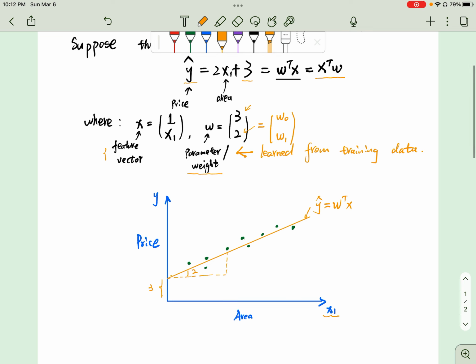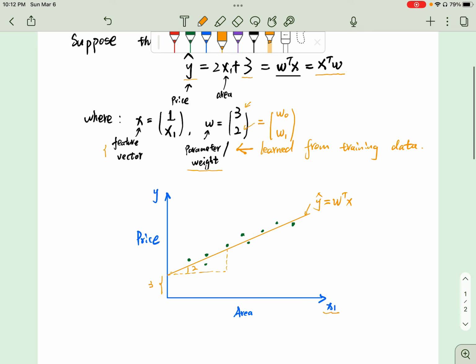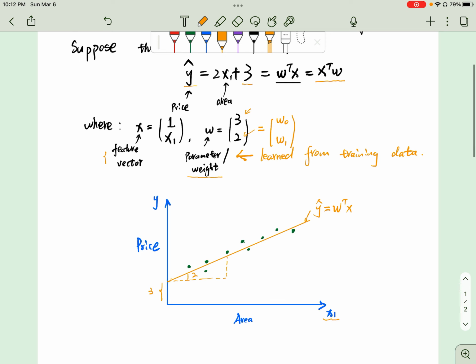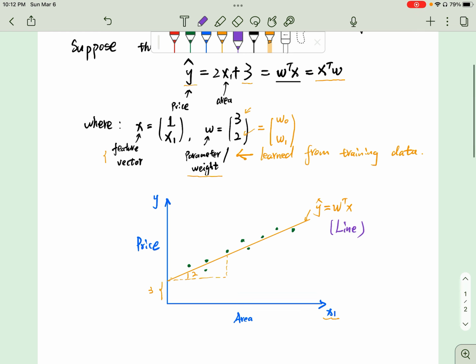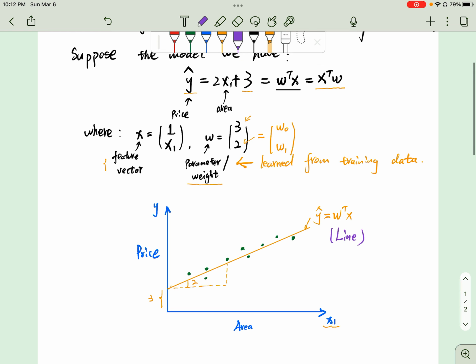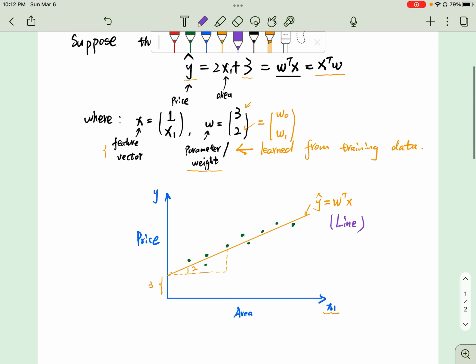So here you can clearly see our prediction on one-dimensional data is just a line, right? Because we only have one feature, that is area.